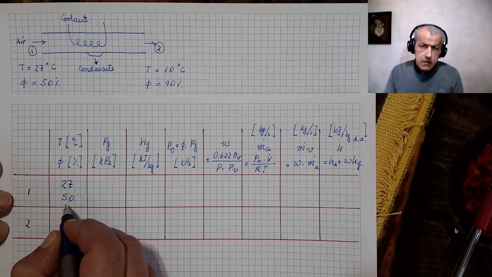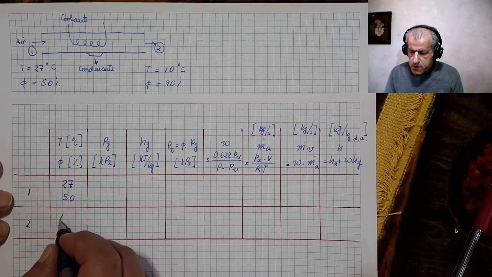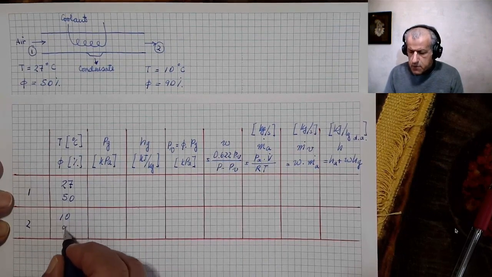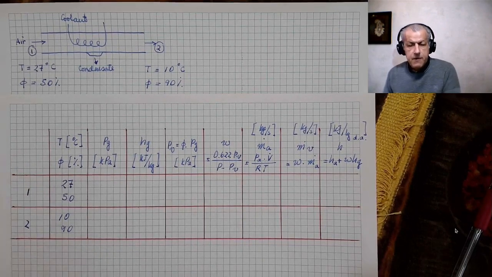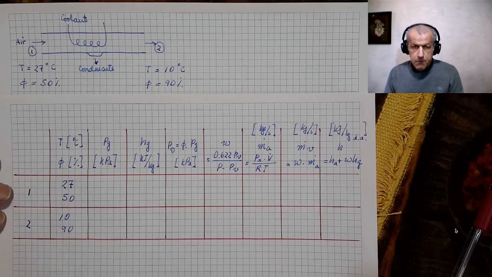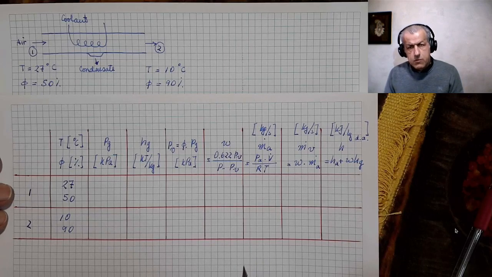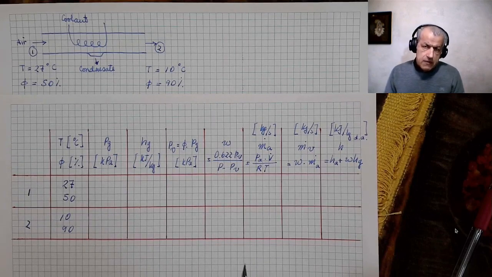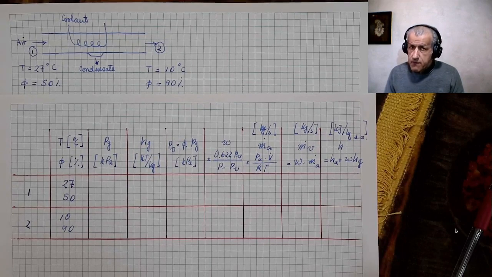In the final condition, which is case 2, our temperature is 10 degrees C and our humidity is 90%. In a real air conditioning problem, there could be 2 or 3 different air conditioning processes. And I hope that in my future videos, I would be able to solve problems of different air conditioning problems, but they would all be very, very similar to this one.